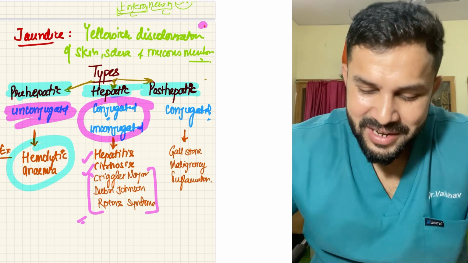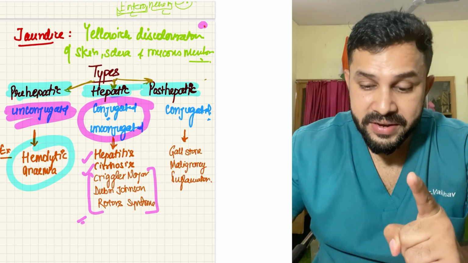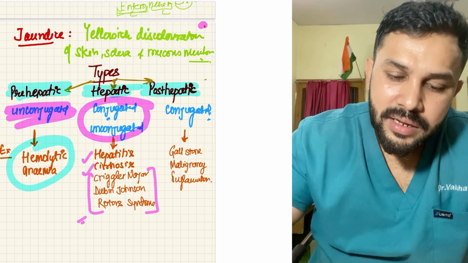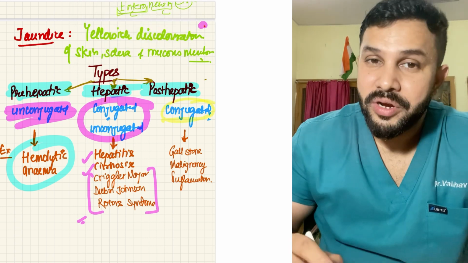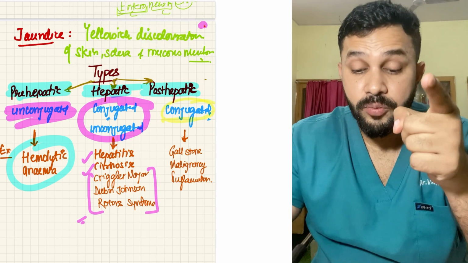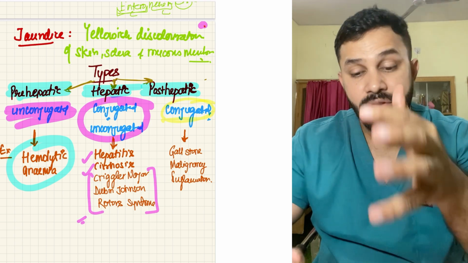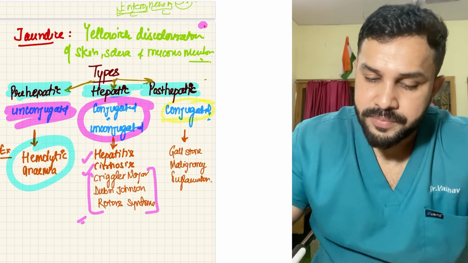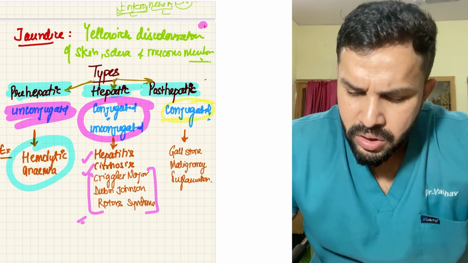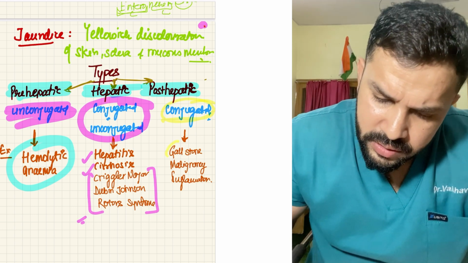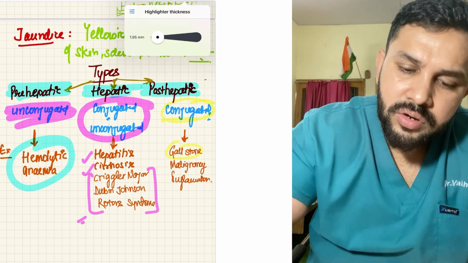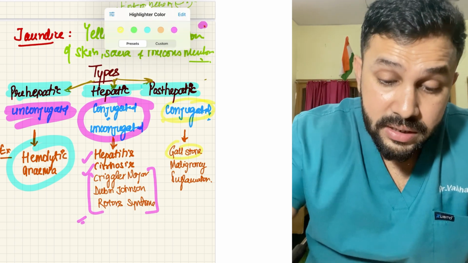Being a surgeon, I am concerned about the post-hepatic part, where conjugated bilirubin is increased. I told you already that it can be due to, this is not gallstone, I'm so sorry for that.